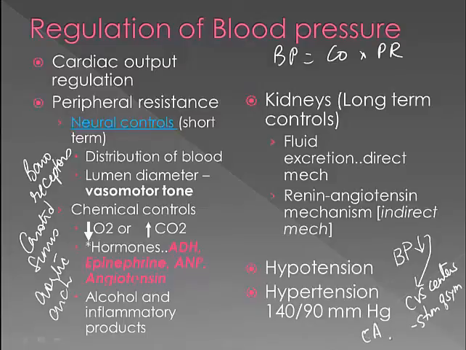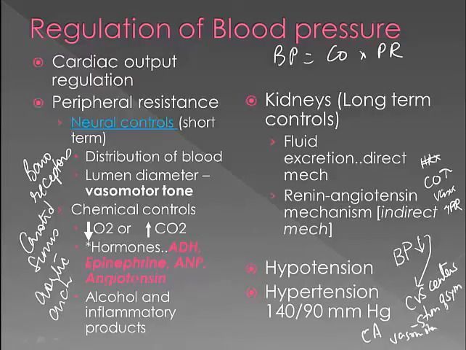They'll also act on the vasomotor center. By doing this, they cause sympathetic stimulation, which will increase your heart rate. It will increase your contractility, so your cardiac output goes up. By acting on the vasomotor center, they cause vasoconstriction, and therefore they'll increase your peripheral resistance, and your blood pressure goes up.